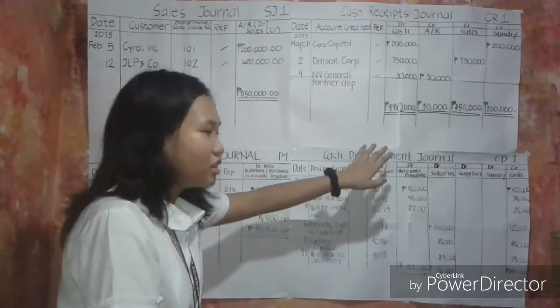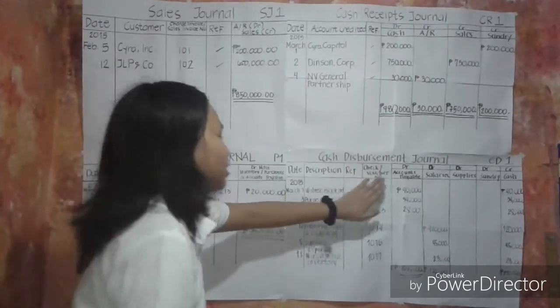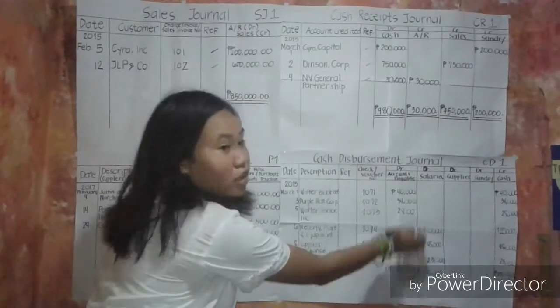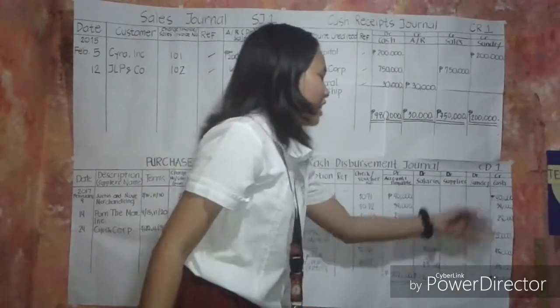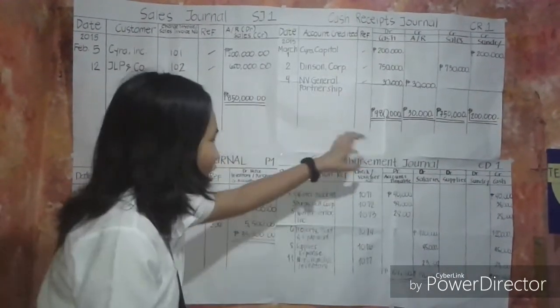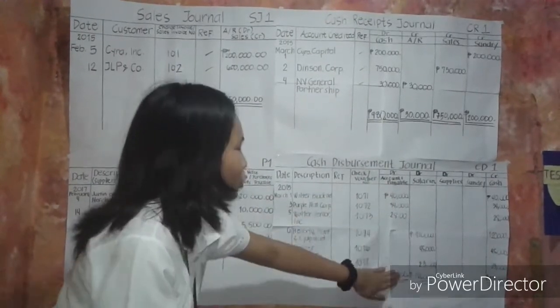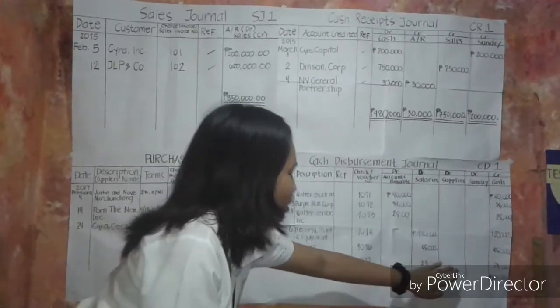The voucher is the source document. Then accounts payable column, the salaries, the supplies, sundry, and cash. Then in every accounts payable total, also in the salaries, supplies, sundry, cash, and then double rule in every total.